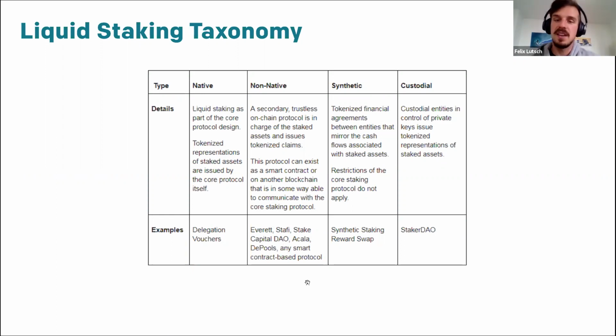The synthetic type of liquid staking is something else, where the whole actual staking protocol is abstracted away from the liquid staking, from the tokenized stake. It's really just an agreement between two or more parties that say we want to exchange the cash flows associated with staked assets.